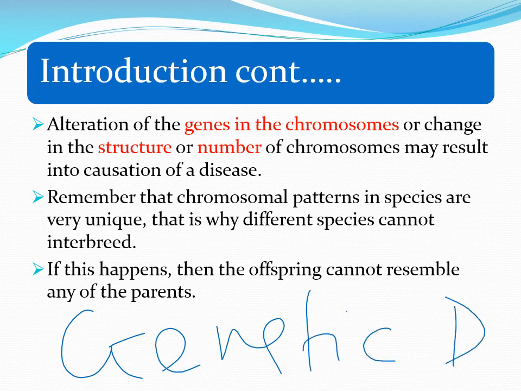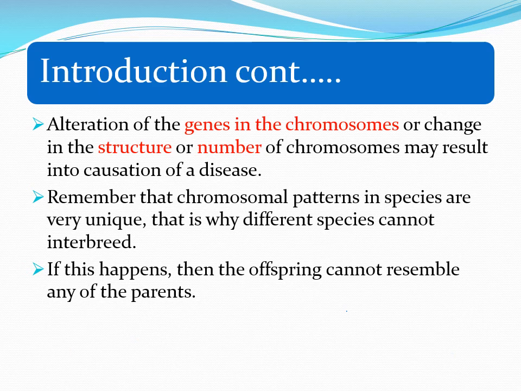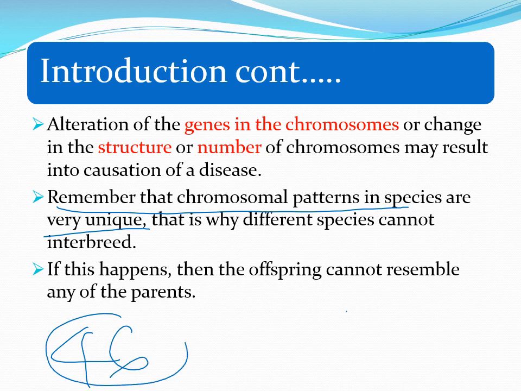So when we are discussing genetic disease, we are discussing disease which arises due to disturbance of the material responsible for carrying traits. Remember that the chromosomal pattern in species is very unique. A human being has 46. Because they are very unique, species cannot interbreed and give an offspring.